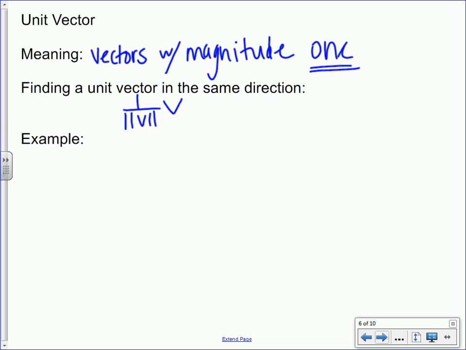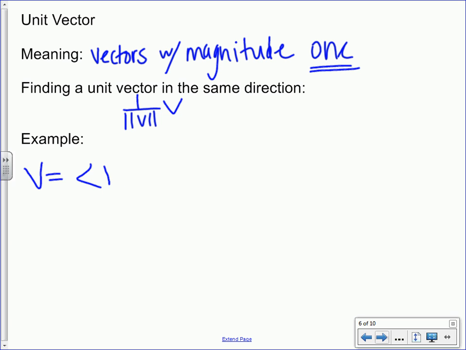They're going in the same direction, or opposite if it's negative, but as long as they're a positive scalar multiple of each other, then they're going in the same direction. So this 1 over the magnitude is the scalar multiple we're going to use to make it a unit vector. So let's go back to our example from before.